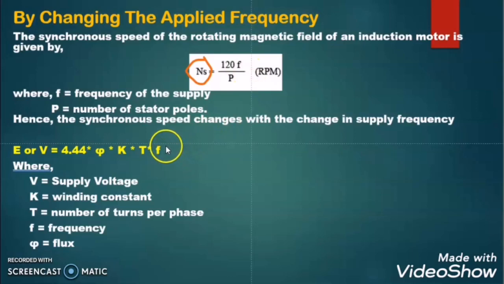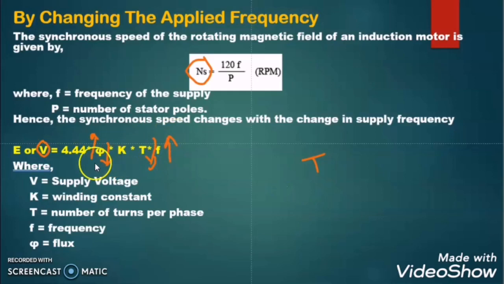When we increase the frequency of the power supply while keeping the voltage constant, we have low flux in the stator core, and when we reduce the frequency in order to regulate the speed of the induction motor, we have excess flux which causes saturation of the core. When increasing the frequency, the flux goes down, which reduces the torque of the motor. And when we decrease the frequency in order to control the synchronous speed, the flux goes high and it causes losses in the motor and makes the core saturated.